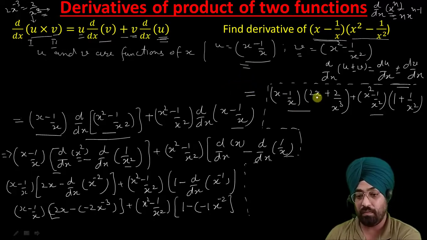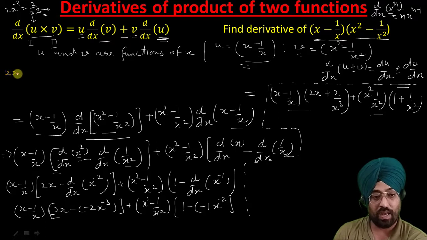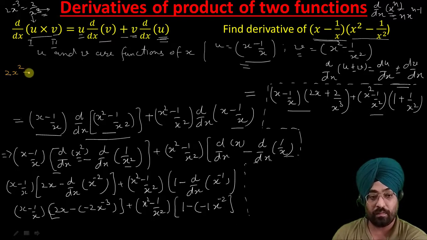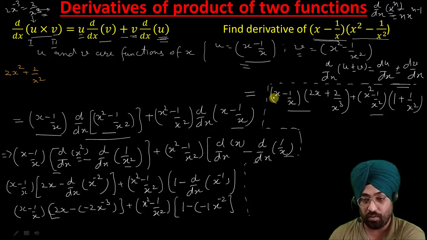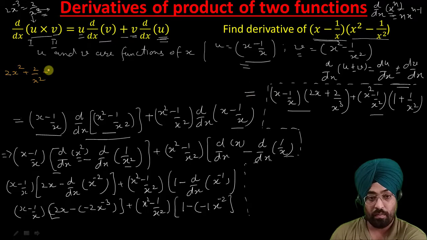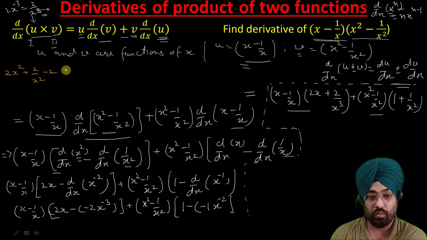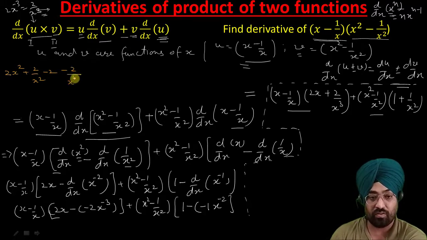So x multiplied by 2x is 2x square. So I will write here with yellow color 2x square. x multiplied by 2 by x cube is plus 2 by x square. This x gets cancelled with x cube, it remains 2 by x square. Now minus x gets cancelled, minus into 2 is minus 2 divided by x into x to the power 3, it becomes x raised to the power 4.